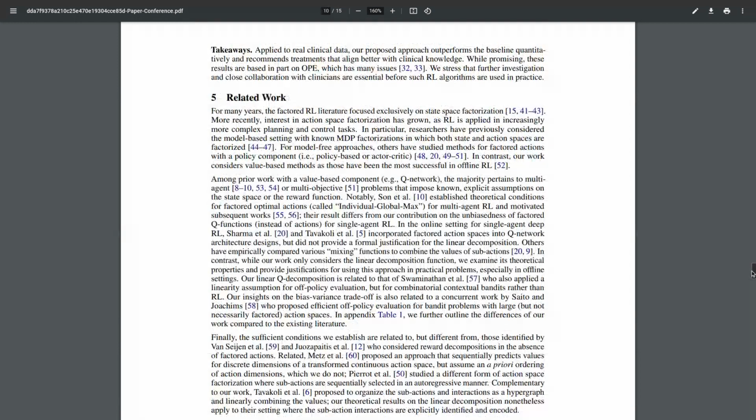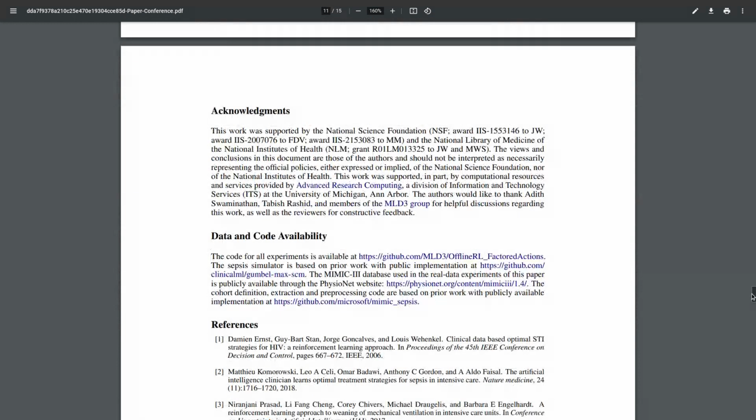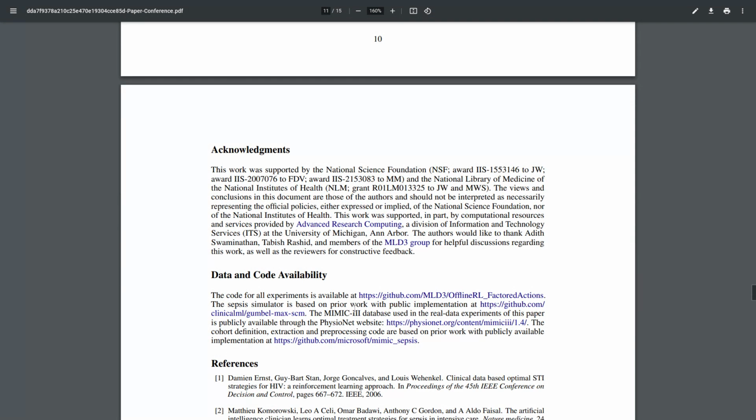And in their conclusion, I'll read that in a second, but just so you know that they provided links to GitHub and PhysioNet.